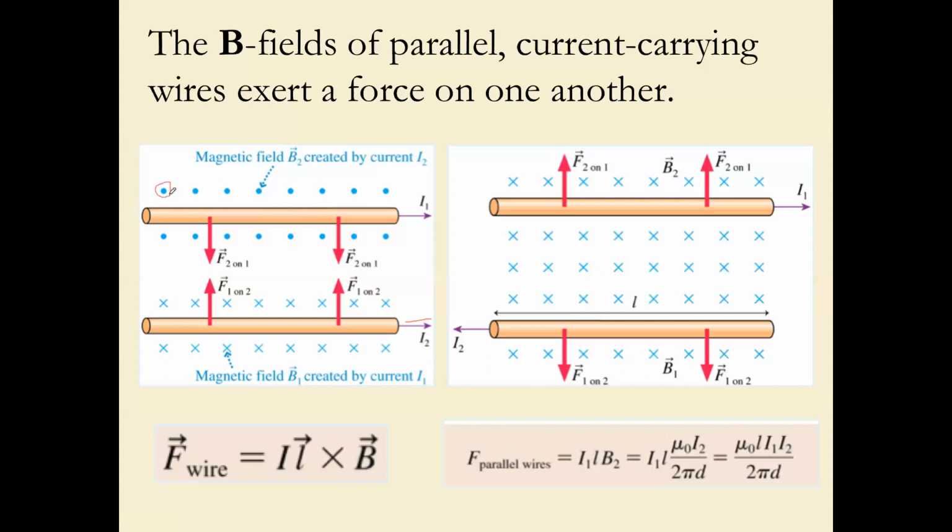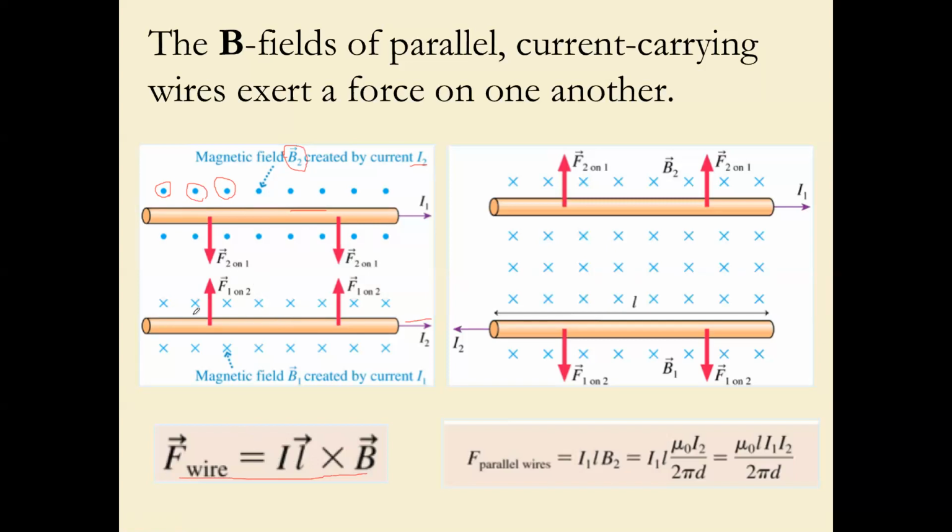So each dot is the magnetic field, which is B2, created by current 2. That's why this magnetic field created by the second wire will apply a force on the first wire, as we have learned from this equation.